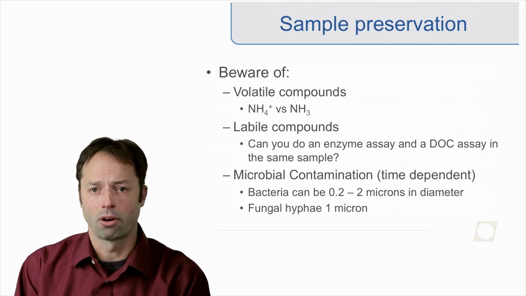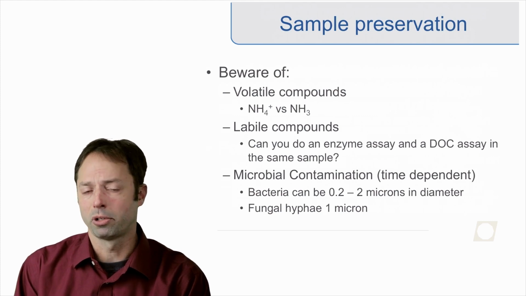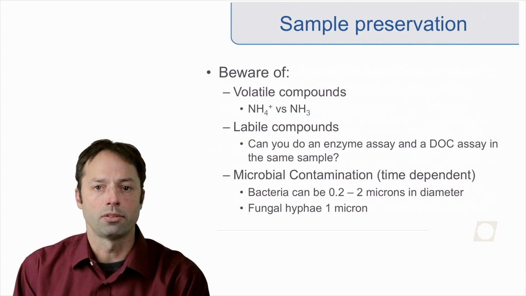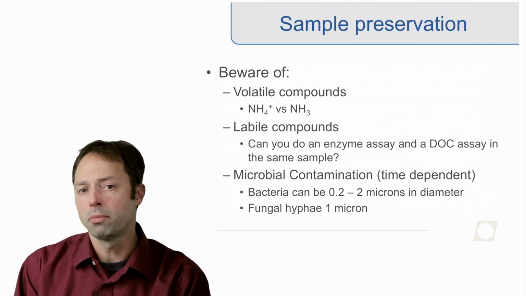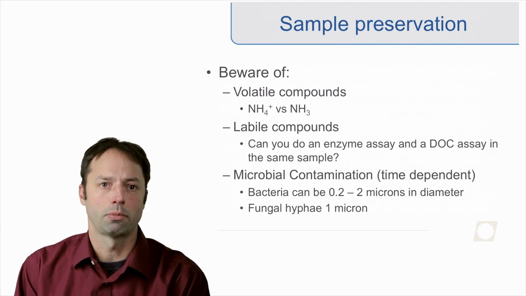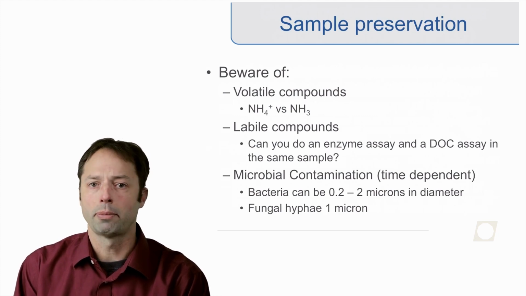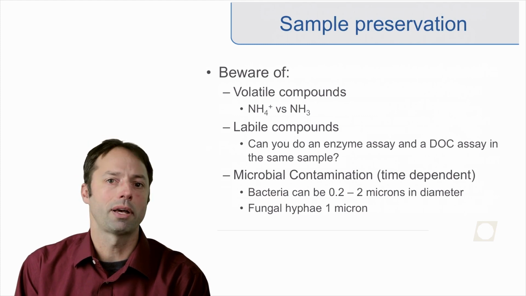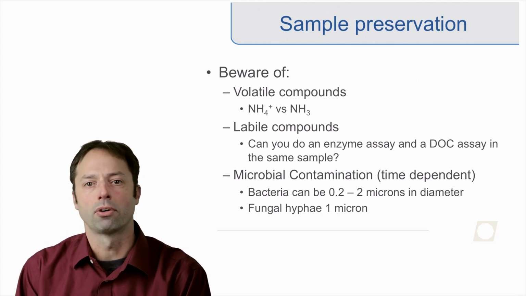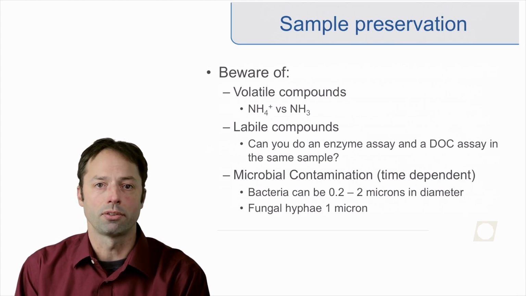Volatile compounds are one thing you need to be aware of. Ammonium is in equilibrium with ammonia, which is gaseous. So if you're interested in ammonium, you have to have some way of preserving your ammonium in that sample bottle. Labile compounds are carbon compounds that are very easily broken down, very mobile, basically just like candy for microbes that may or may not be in your sample bottle.